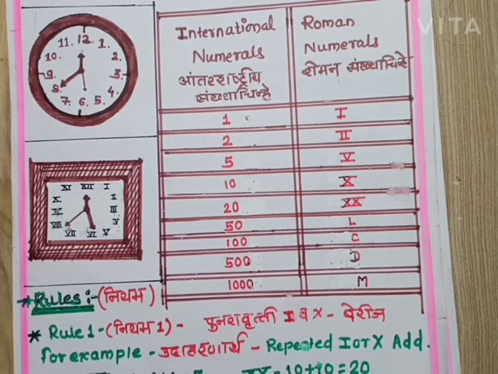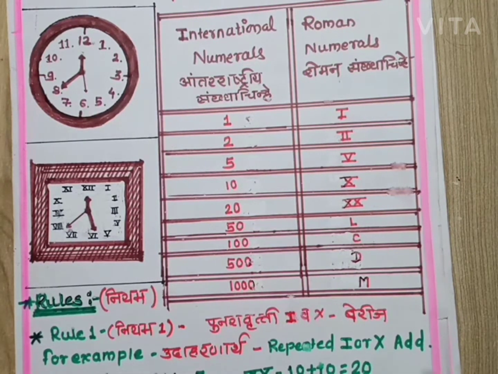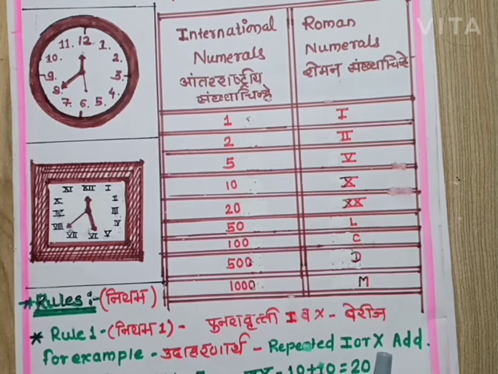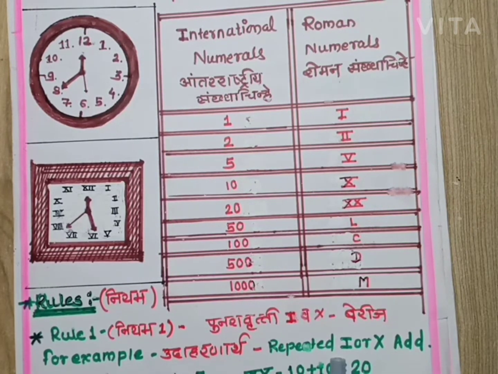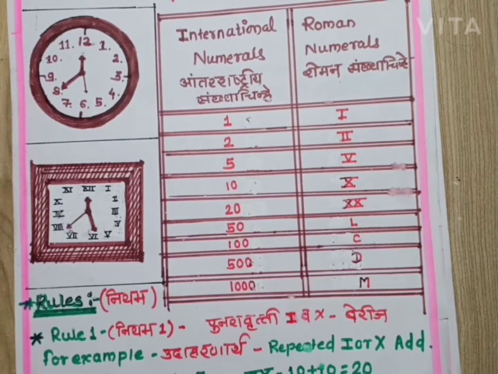For that, the first rule is about repetition of I or X. This rule says that if the symbol I or X is written consecutively 2 or 3 times, their sum total is the number they make.